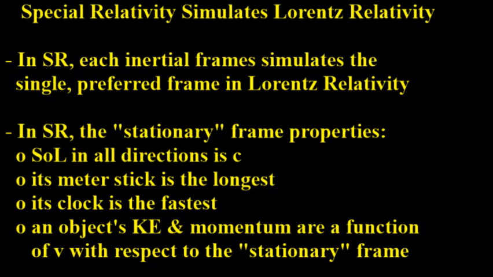So it's like each observer has absolute velocity, but each observer has a different absolute velocity, namely velocity with respect to their particular rest frame. So those are straightforward statements, and that's how special relativity simulates Lorentz relativity.